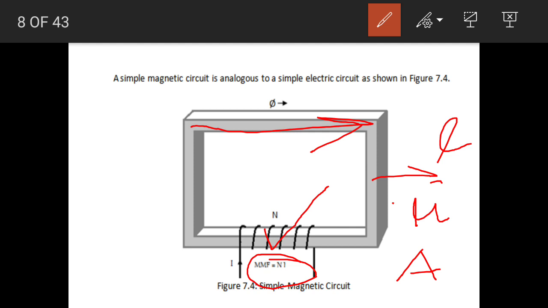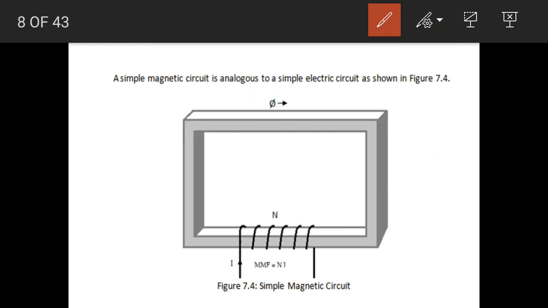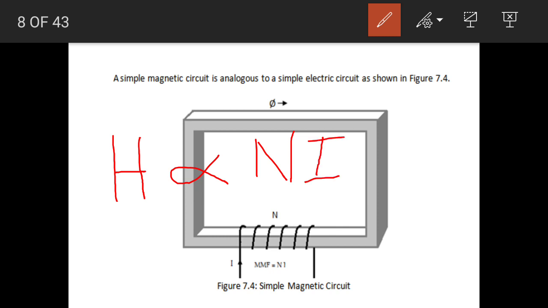We know that the magnetic field intensity at any point in this magnetic circuit is directly proportional to the number of turns of this winding. By increasing the number of turns of this winding, the magnetic field intensity at any point in the given magnetic circuit will increase. Similarly, the magnetic field intensity is directly proportional to the current in the winding.